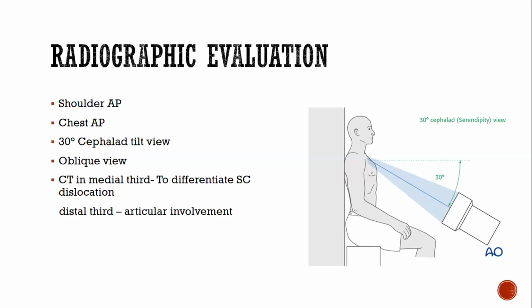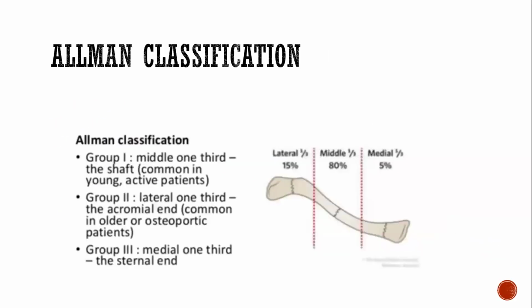An oblique view is taken for minimally displaced fractures, and CT is taken for the medial and lateral clavicle fractures to look for any intra-articular fractures or dislocations.